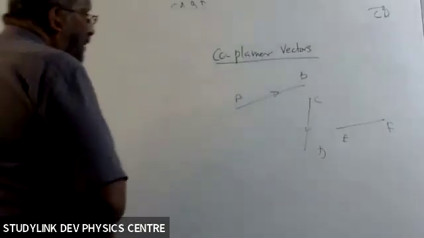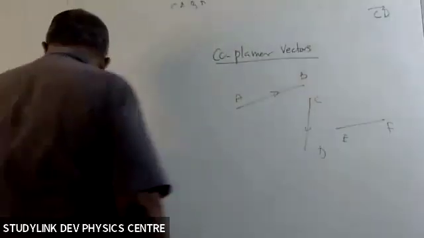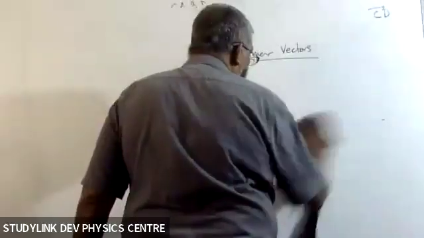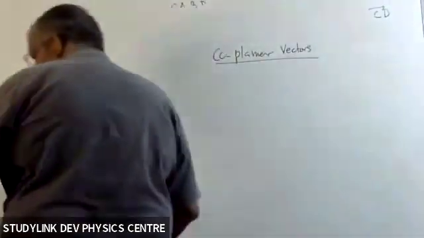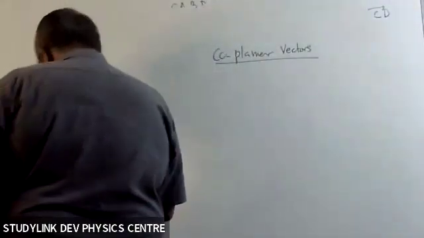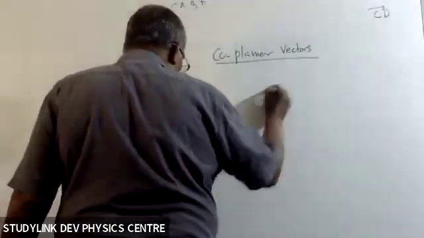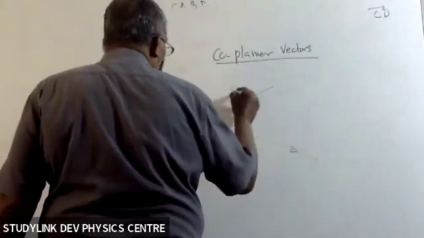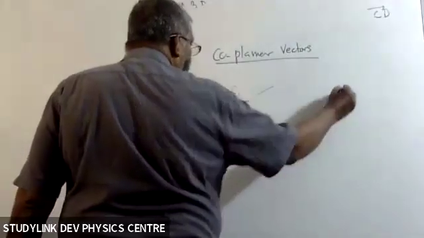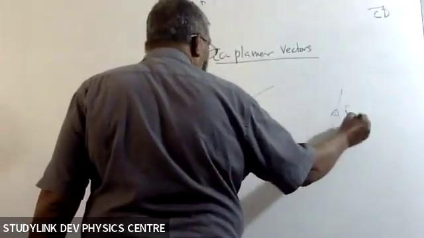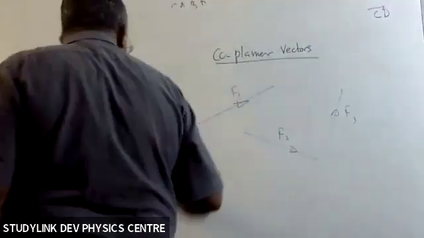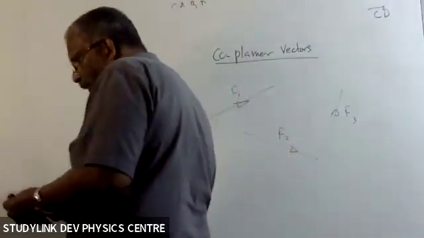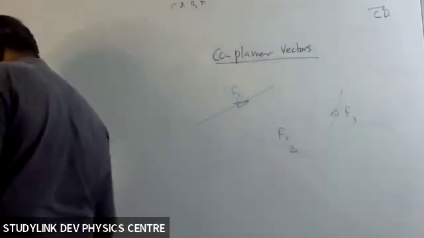Another example: when several forces are in the same plane, that is called coplanar forces. F1, F2, F3, all are drawn on the board. That means they are in the same plane.